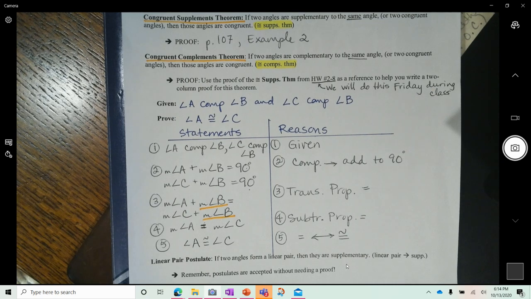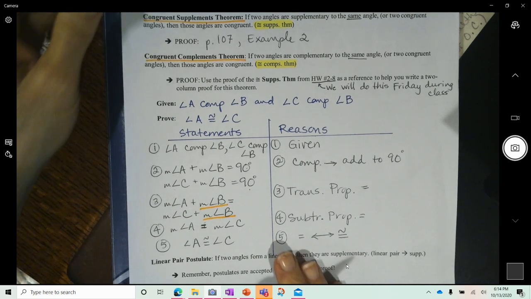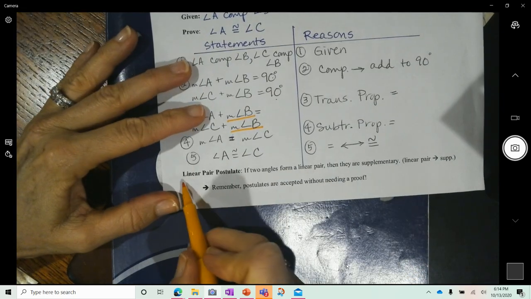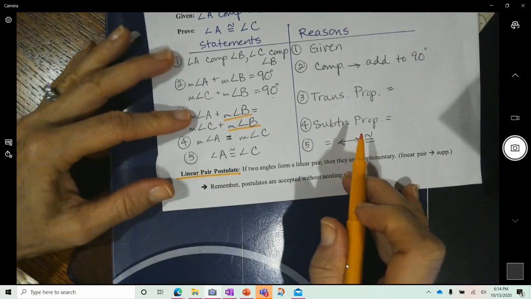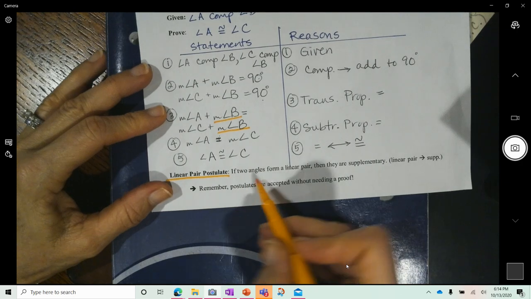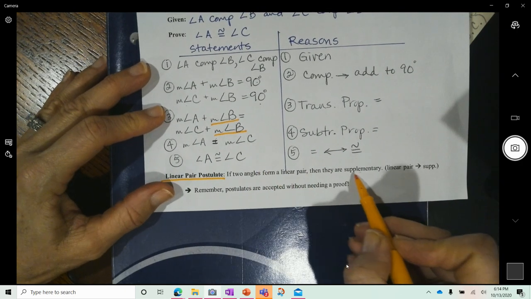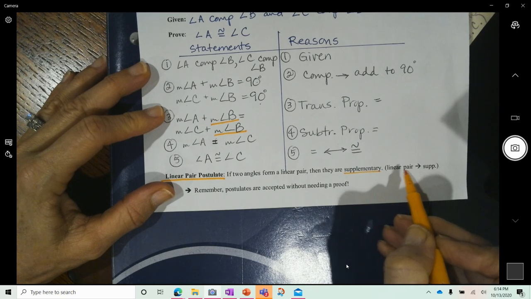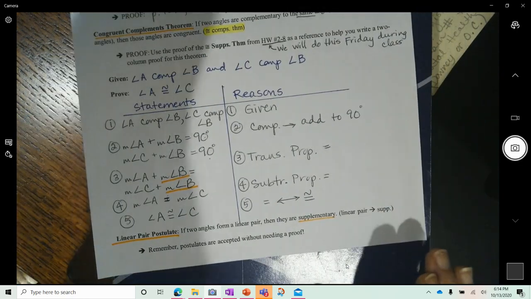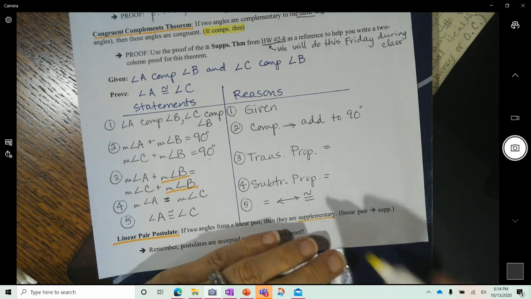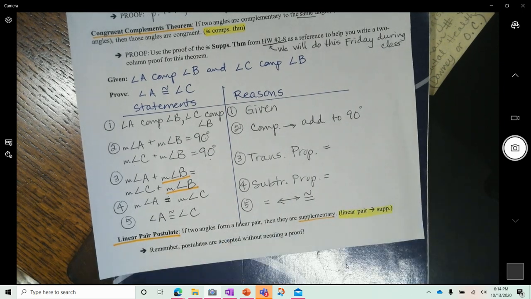The next thing we have in section 2.6 is the linear pair postulate. What it says is if two angles form a linear pair, then they are supplementary. So here's how you can abbreviate it: linear pair means supplementary.